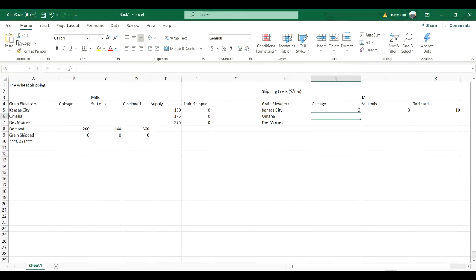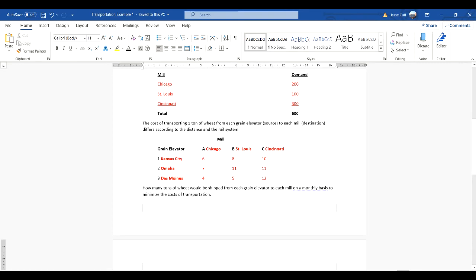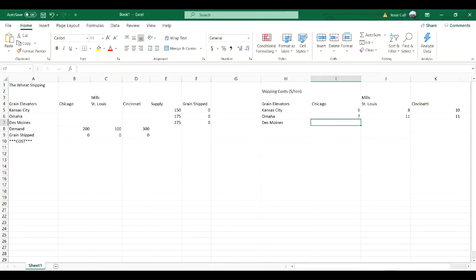Then down here, we have 7, 11, 11. And again, visible here. And finally, 4, 5, 12. This section here is known as our cost array.